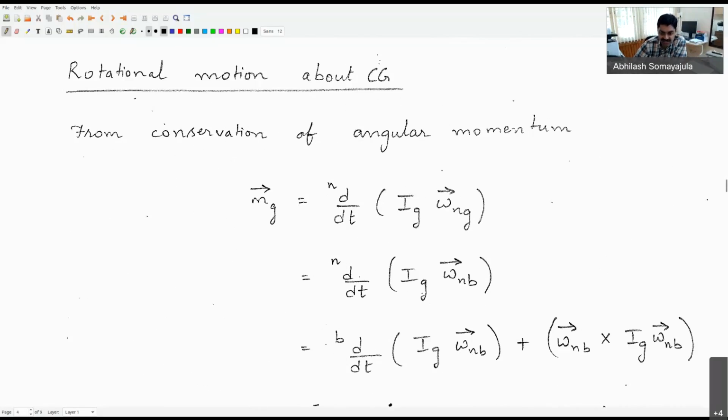The only difference here is that this angular momentum is an inertia dyadic times the angular velocity. So whereas mass was scalar, this thing is not scalar. This thing is a 3 cross 3 matrix.